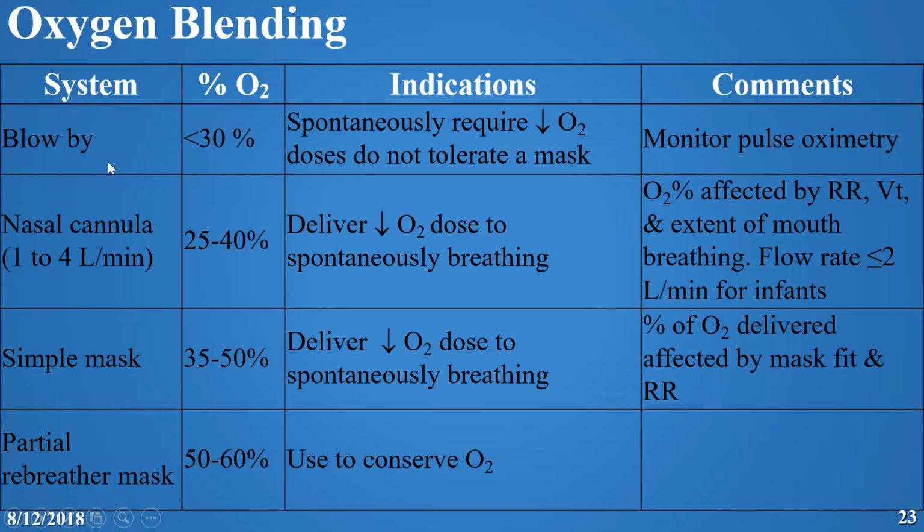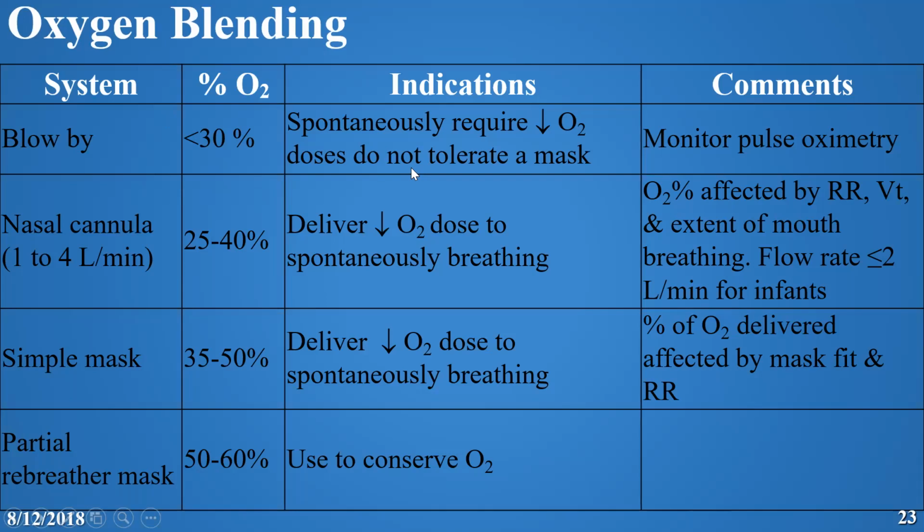So we can give a blow-by, which means that the oxygen provider is not in close contact with the baby. There is separation between whatever interface we are using and the baby. So it's in proximity of the baby.